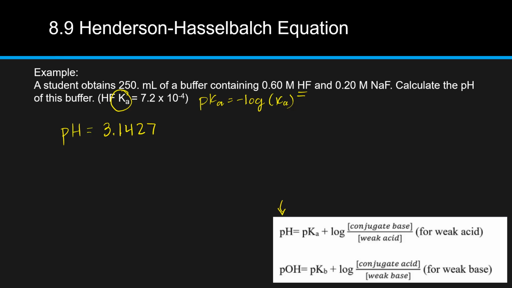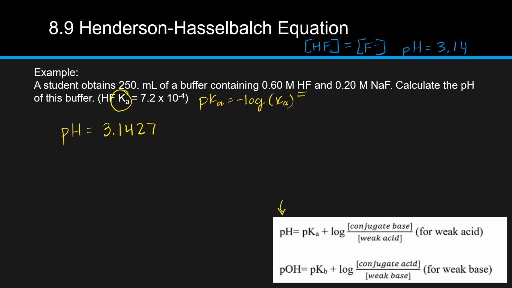Now, just a side note, before we solve this, I want to go back to what we learned about in 8.7. If at the half equivalence point, pH is equal to pKa, that means when the concentration of HF is equal to the concentration of its conjugate base, F minus, the pH is going to be 3.14.